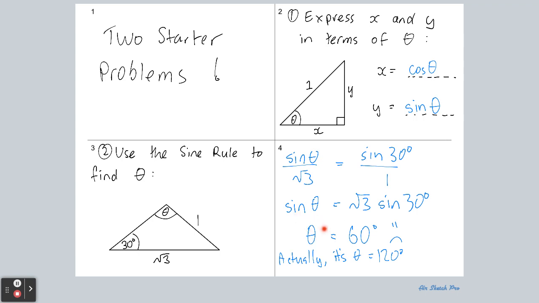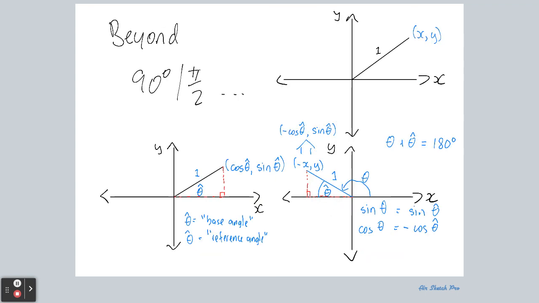The sine of 60 is the same as the sine of 120, because 60 would be the base angle, the reference angle, theta hat, and 120 would be the actual angle, because sine is like the y coordinate. It's the positive y coordinate.